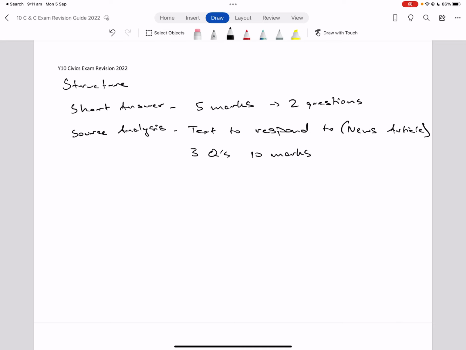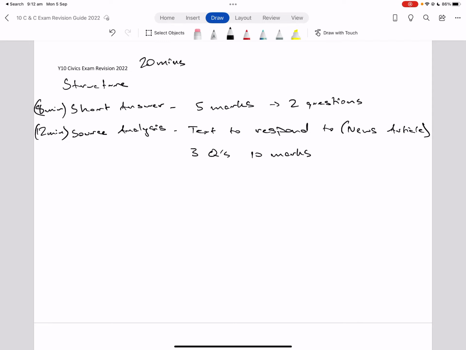So looking at the exam overall, the entire exam is about 20 minutes long. The civics portion of it anyway. So in your 20 minutes, it is suggested that you spend 8 minutes in the short answer section and 12 minutes in the source analysis. But, depending on individual preference, this might be longer and shorter as well.